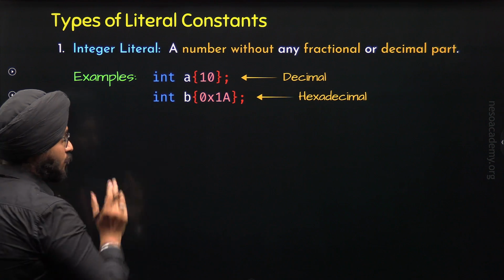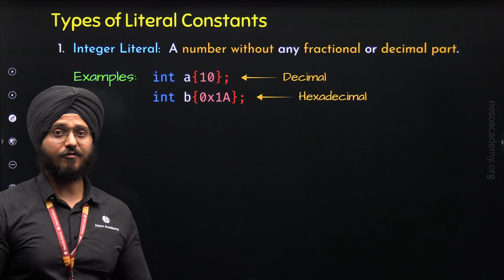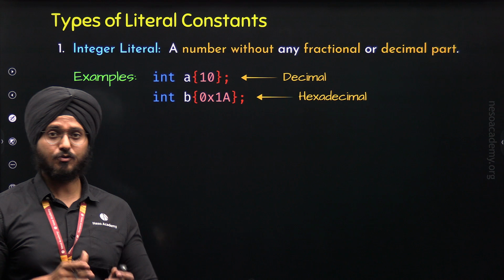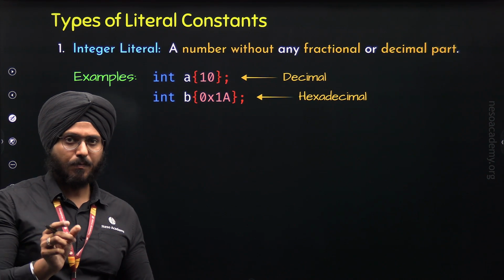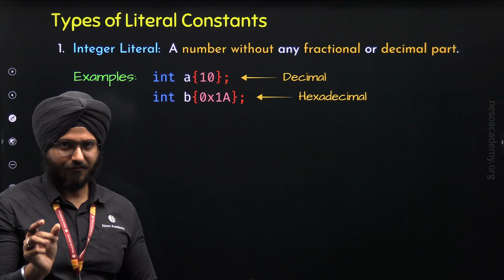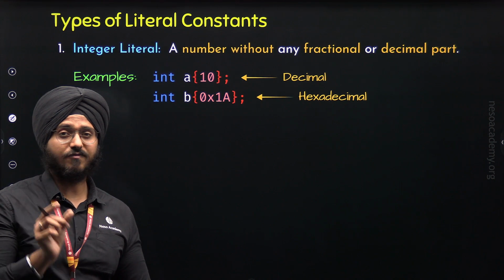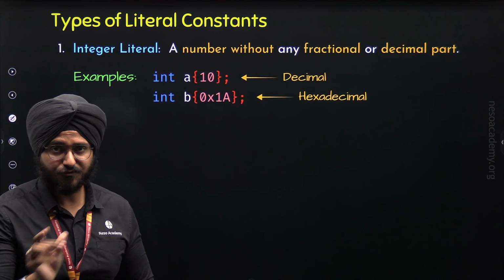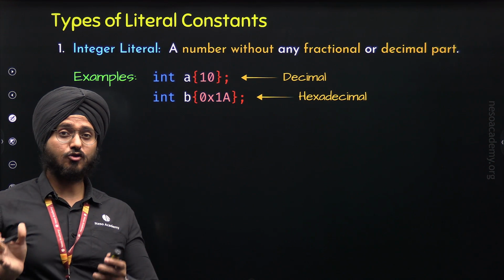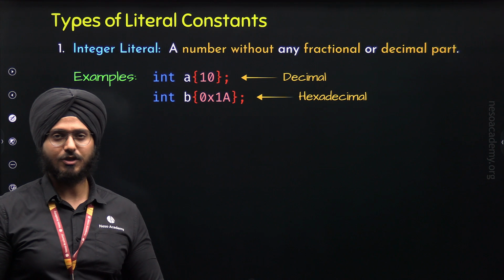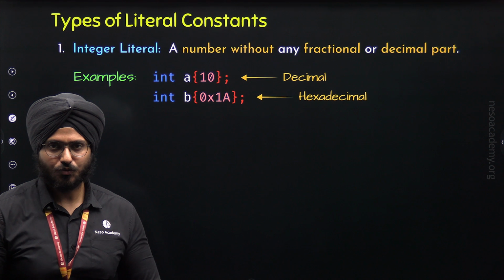Now I would like to mention that a hexadecimal integer literal has the range of digits starting from 0 up to 9 and then from A to F. A represents 10, B represents 11, C represents 12, D represents 13, E represents 14 and F represents 15. So we have a range from 0 to 15. This is the range of the digits which are allowed in case of hexadecimal notation. I hope it is clear to you.